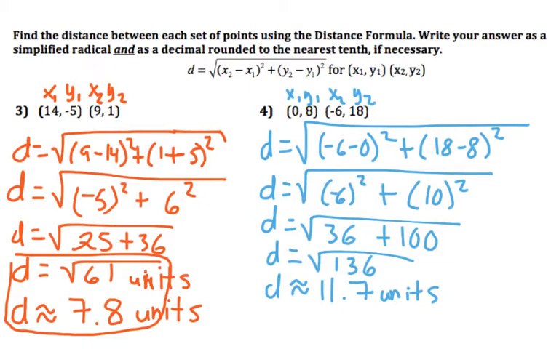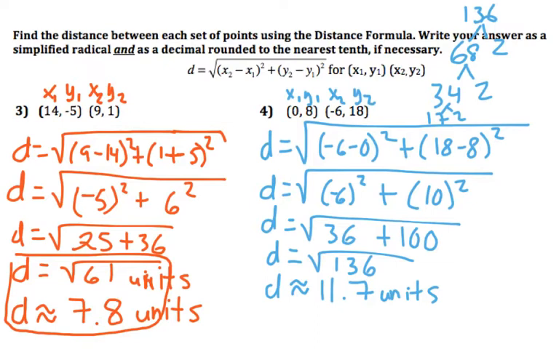Okay. Now we've got to find the prime factorization of 136. I'm going to put that in the top corner here. We've got 136. We know that's divisible by 2, so I take 136, divide it by 2, and we get 68. And that's divisible by 2, which gives us 34. And that's divisible by 2, which gives us 17. And that's not divisible by 2.